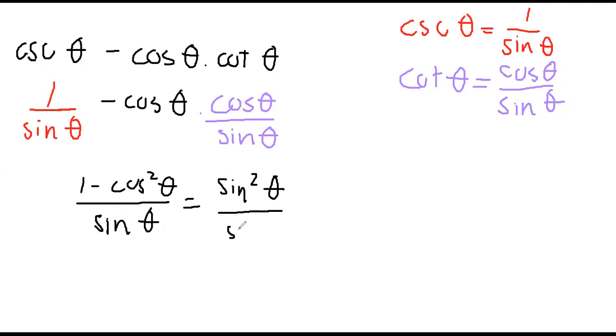If you don't remember this, or you wonder where I got this, you can go back to the first example in this video to see how I proved the Pythagorean theorem. So 1 minus cosine squared of theta is equal to sine squared of theta, all over sine of theta. And the final result will be sine squared of theta over sine of theta, which is sine of theta.